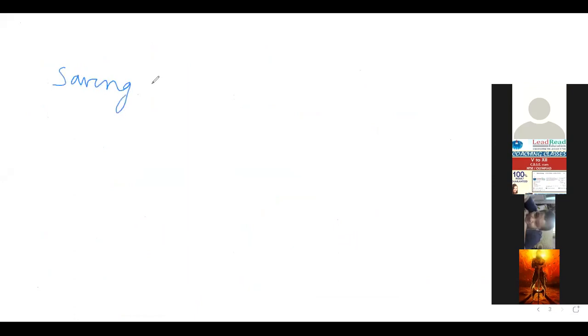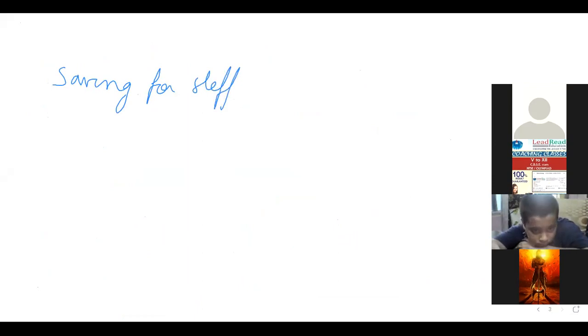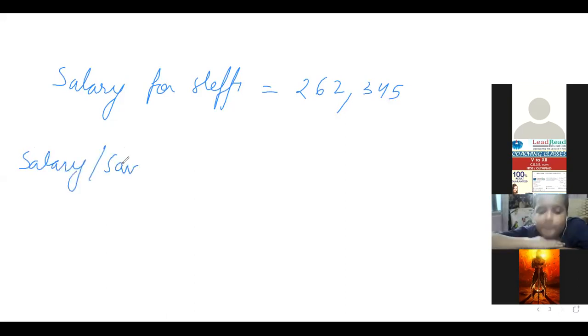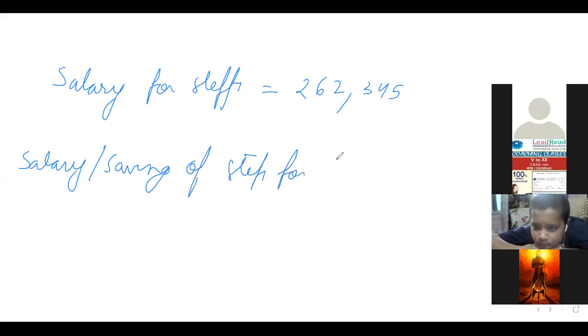Very good, Samarth. So the saving of Steffi, or salary of Steffi, whatever the question says, is rupees 62,345. So we can find the saving of Steffi for 9 months.